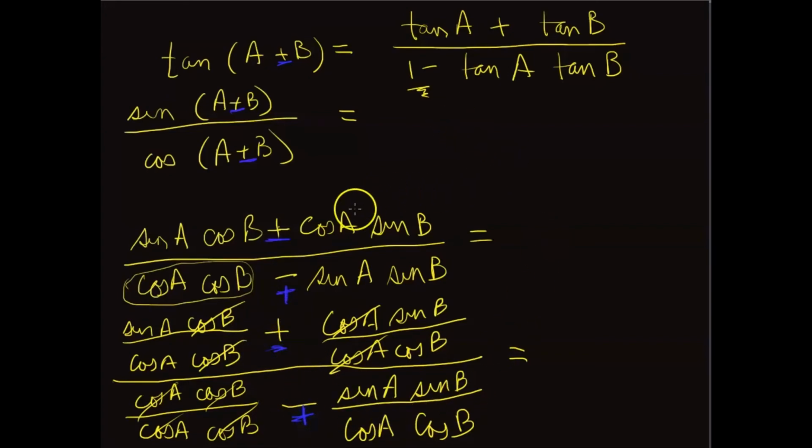And now it becomes subtraction here, but addition here. So, we've gotten all of our identities, at least these sum and difference identities. And now we can go through some examples.